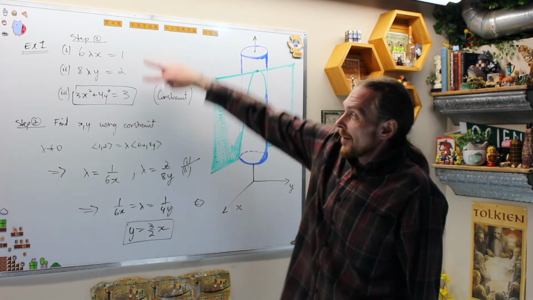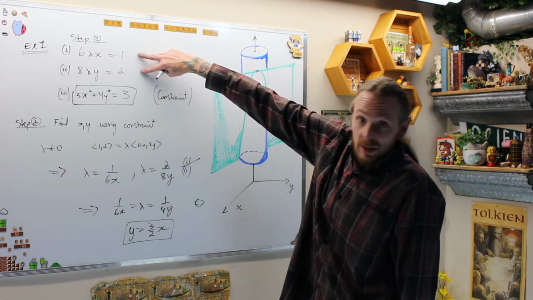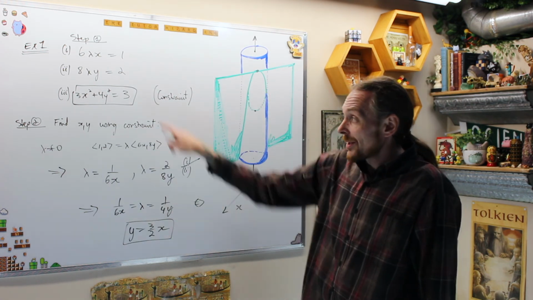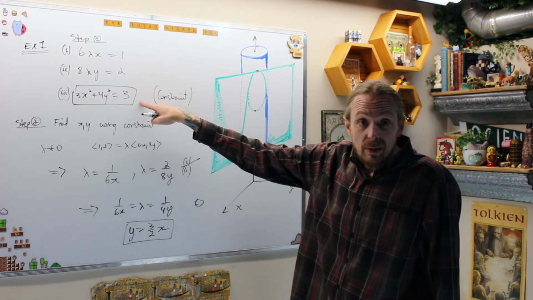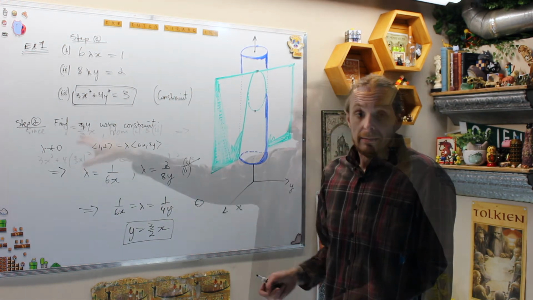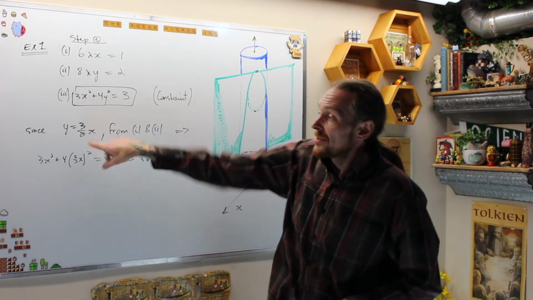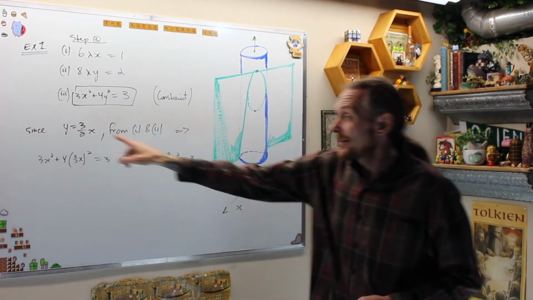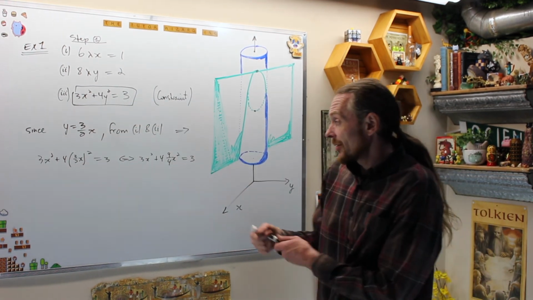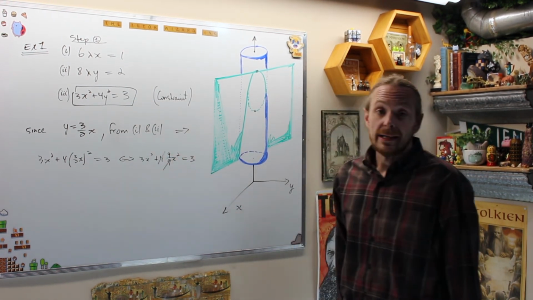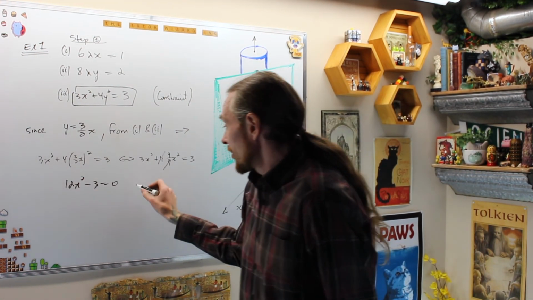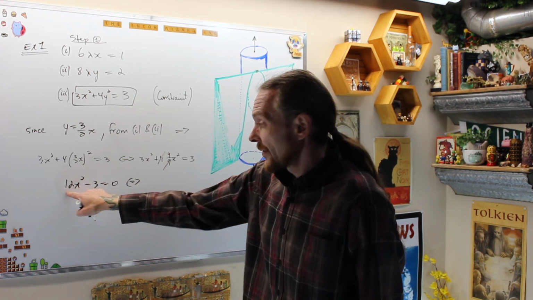Long story short, from the Lagrange multiplier equations, I found y is 3 over 2 x. I'm going to put that into the constraint equation to solve for x and then therefore y, because I know what y is. Putting that into the constraint equation and simplifying, I get 12x squared minus 3 equals 0, or I can take a 3 out of both of those.